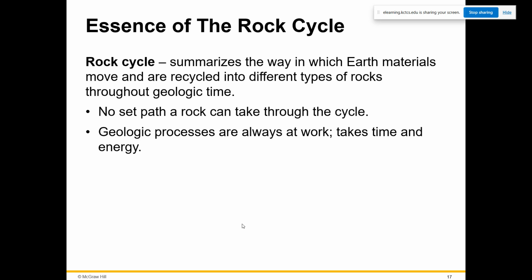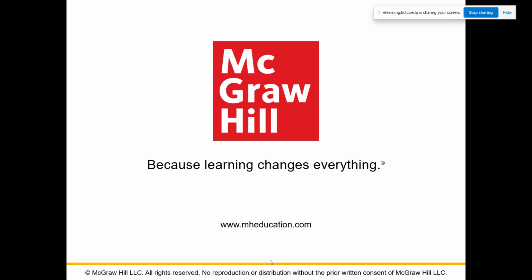It doesn't always go igneous, sedimentary, metamorphic. A metamorphic rock can be metamorphosed into a different metamorphic rock. A sedimentary rock can be re-weathered and then returned into a sedimentary rock. It can turn into a metamorphic. It can turn to an igneous. It's just constantly changing. And that is it for rocks and minerals.